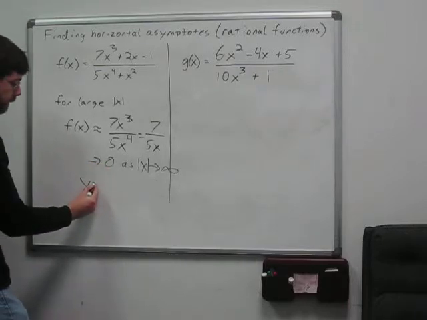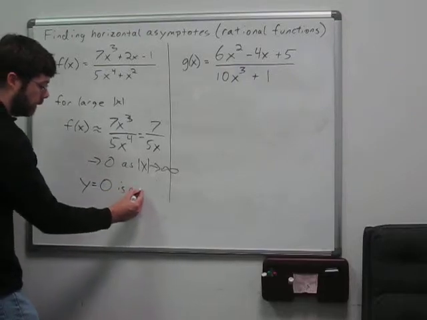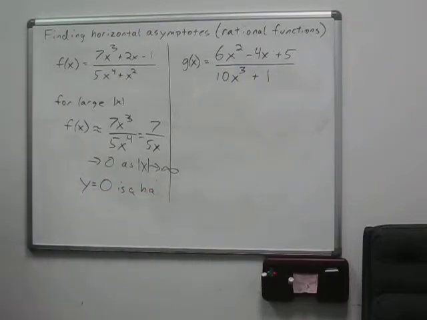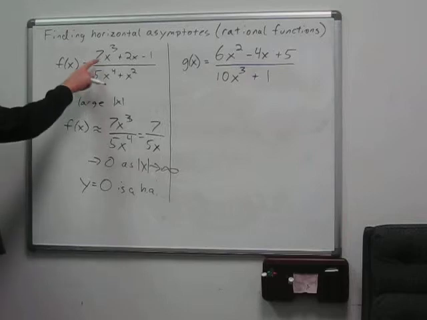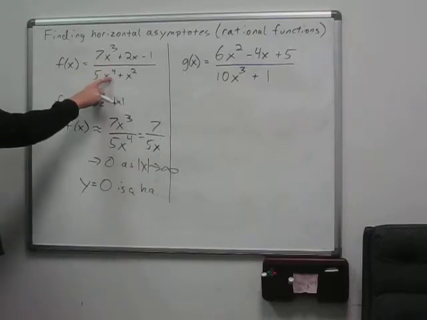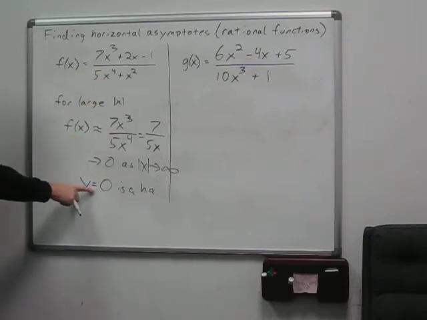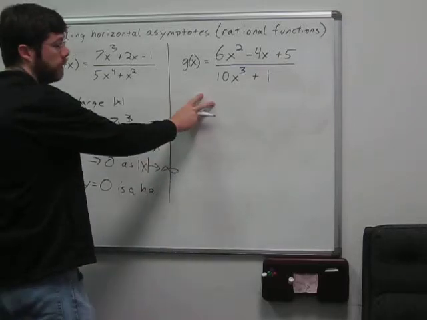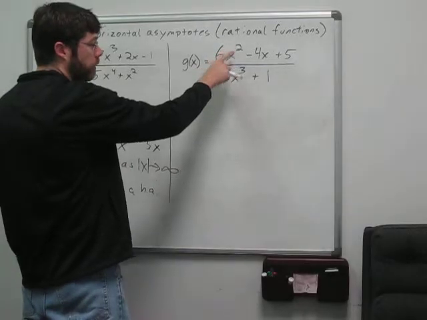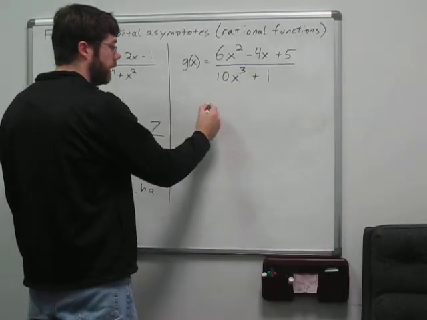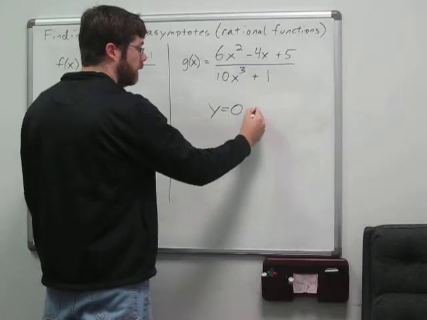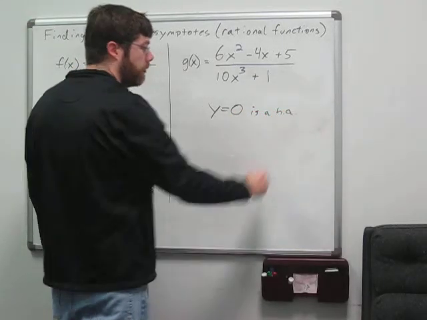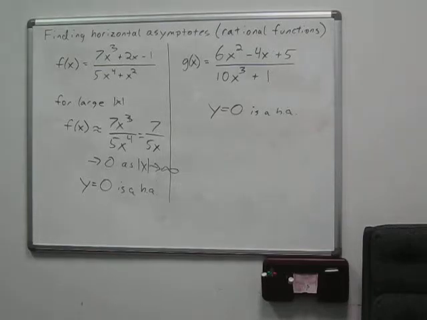So by definition, y equal to 0 is a horizontal asymptote. So as in the last example, we have a general rule. If the degree of the numerator is less than the degree of the denominator, then y equal to 0 is the horizontal asymptote. So in this example, again, the degree of the numerator is less than the degree of the denominator. So y equal to 0 is a horizontal asymptote.